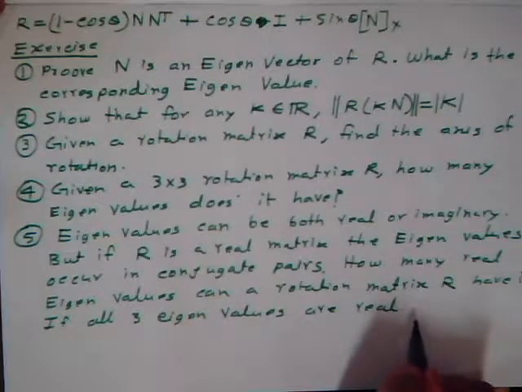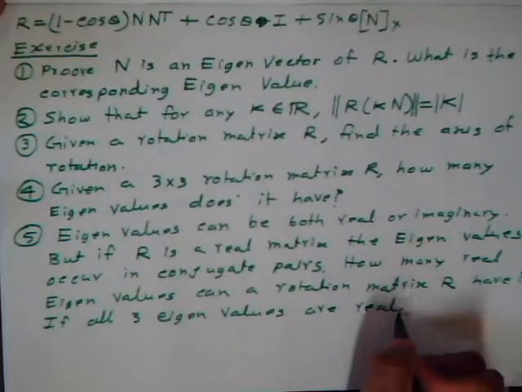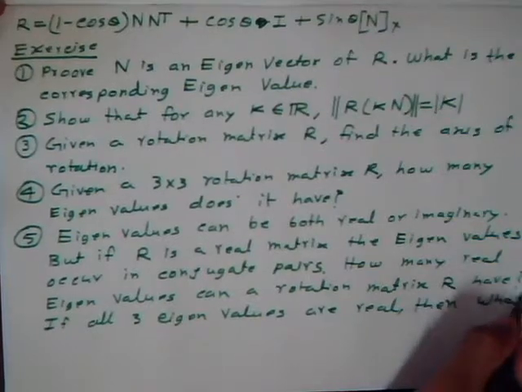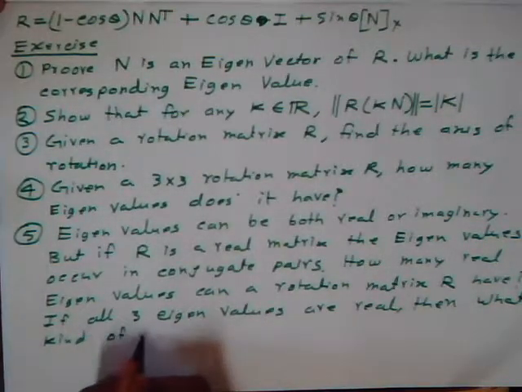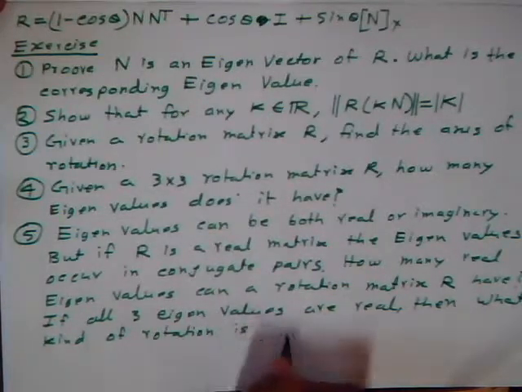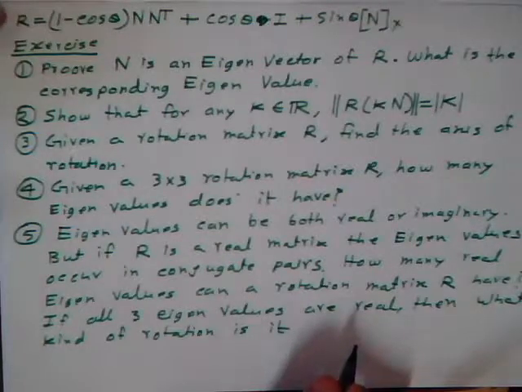And if it is possible that all three eigenvalues are real, then what kind of rotation is it? Can we say something special about this rotation if all three eigenvalues are real?